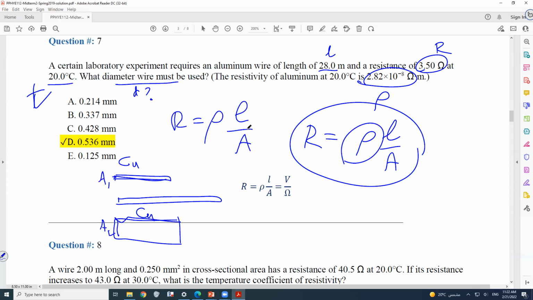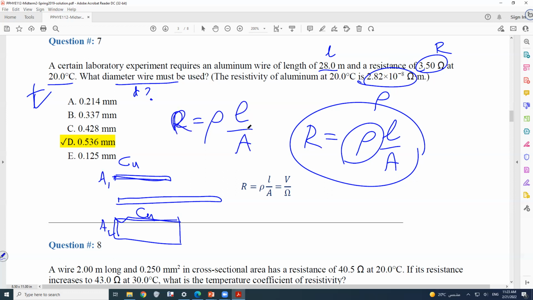So when the cross-sectional area is big, we can have more charges flowing, right? Easily. So that means the resistance will decrease. More current for the same voltage applied. Okay, we will have more current flowing. That tells you the resistance has decreased. So this is the relationship.